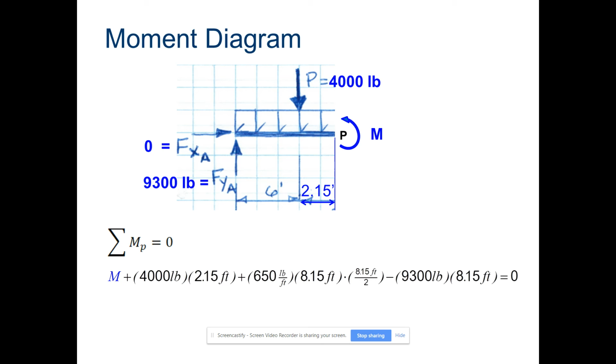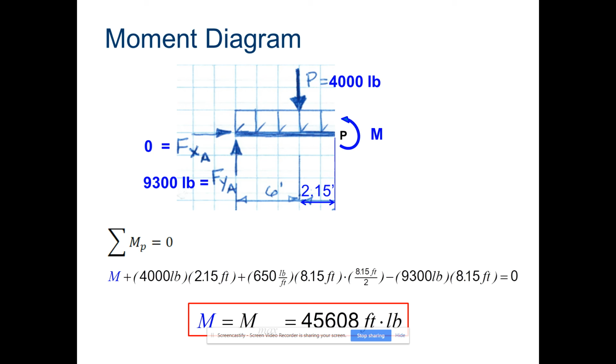And you see where we're taking it at? We're taking it at point P, which is going to be 8.15 feet away. That's at the shear. We're taking it at the shear point. And we go through our math, and we come up with a maximum moment of 45,608.